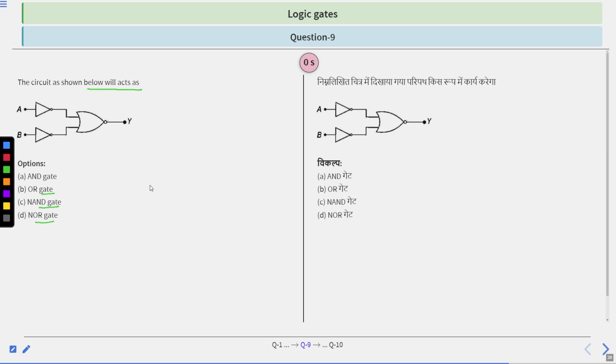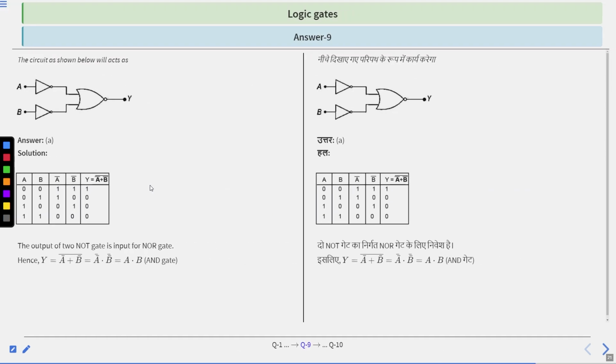Let's find the solution. So here 3 gates are used, 2 NOT gates and 1 NOR gate. Clear? To solve this we use a truth table.